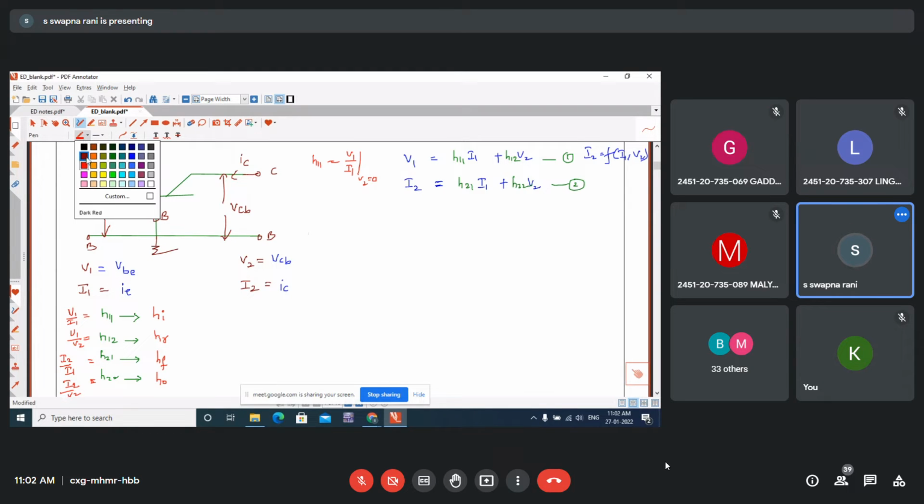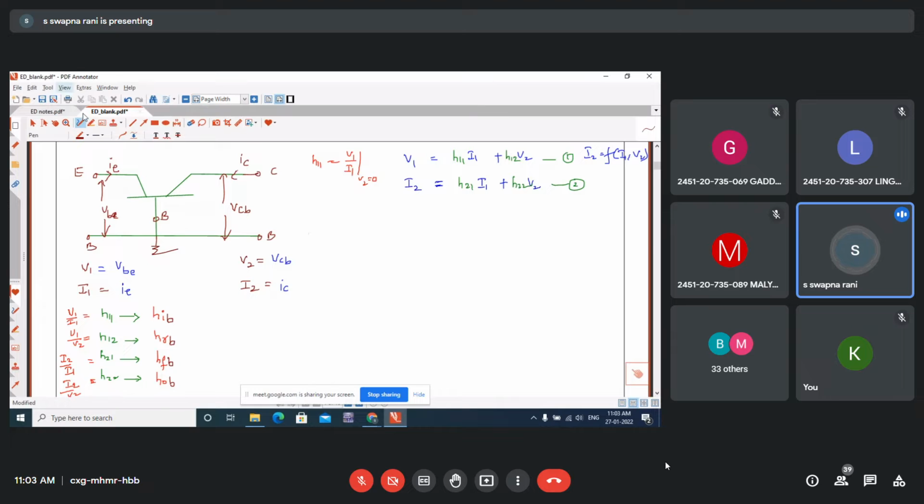Now, since we are drawing the H parameter model, we are writing the equations for common base. We are writing H parameter equations for common base, and we are drawing the model for common base. I am going to add a second subscript, HIB, HRB, HFB, HOB, to denote that these are the H parameters of common base.